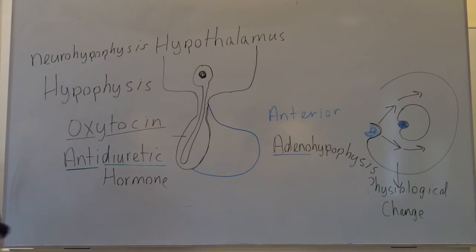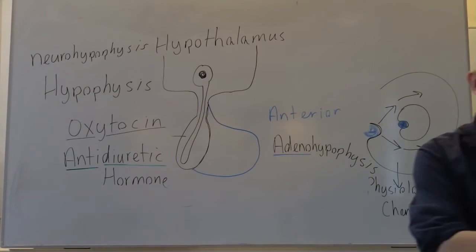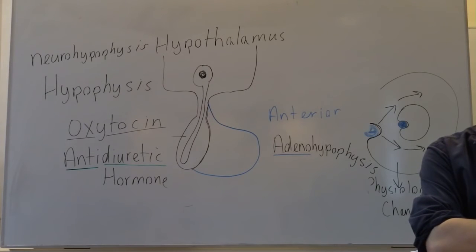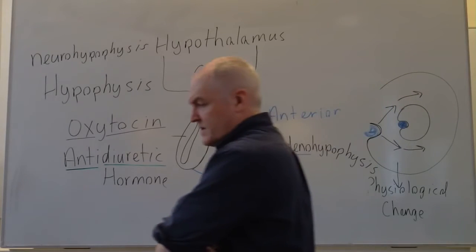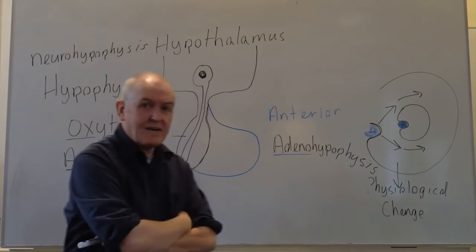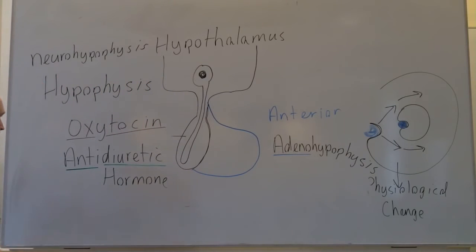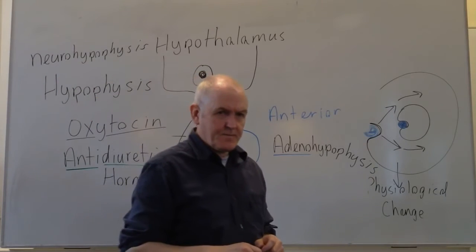Now, the thing that oxytocin is famous for is stimulating the contraction of the myometrium, the muscular part of the uterus, during childbirth. So oxytocin stimulates contraction of the uterus. And after the baby's been born, oxytocin also stimulates the smooth muscle in the milk ducts to facilitate lactation.